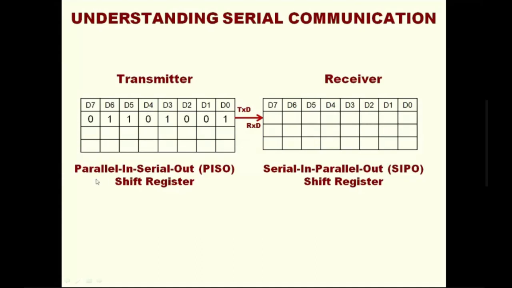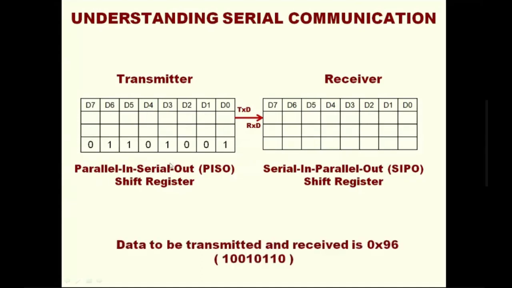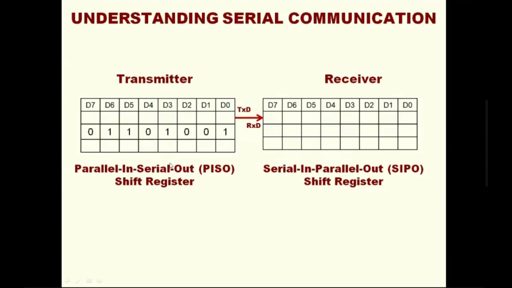Data enters in parallel and then shifts out serially. So all transmitters are parallel-in serial-out shift registers. All receivers are serial-in parallel-out shift registers, which is very interesting.